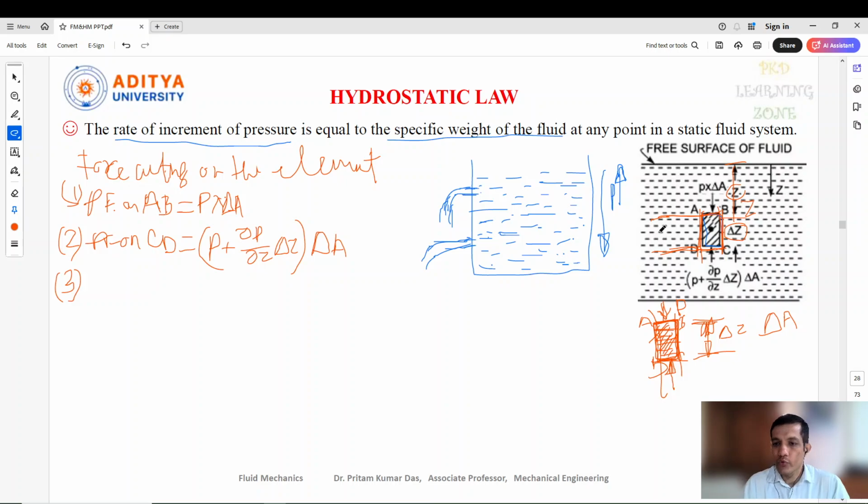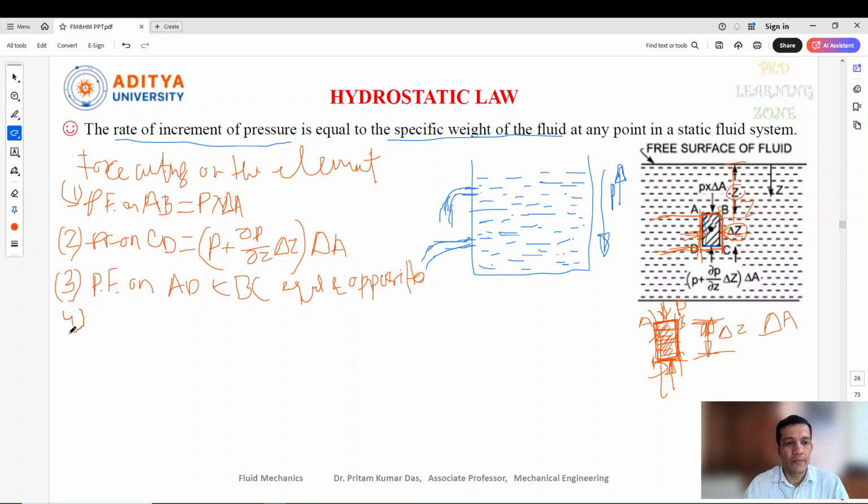The pressure force acting on the AD and BC surfaces will be equal and opposite, so it can be cancelled, and there is no need to consider this one. There is no gravity or other pressure acting on these sides, so they are equal and opposite and we can cancel that.